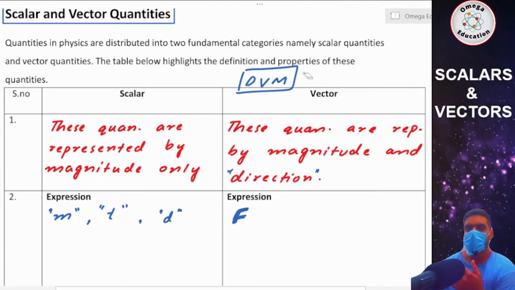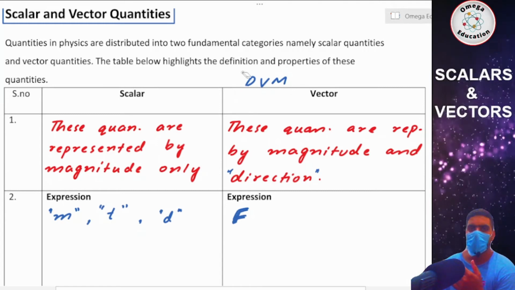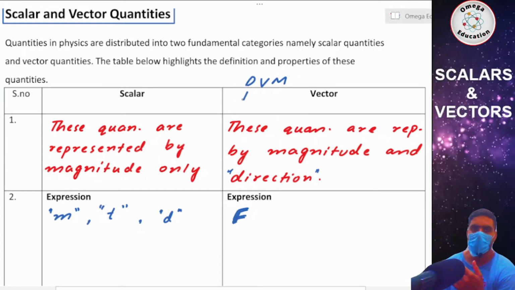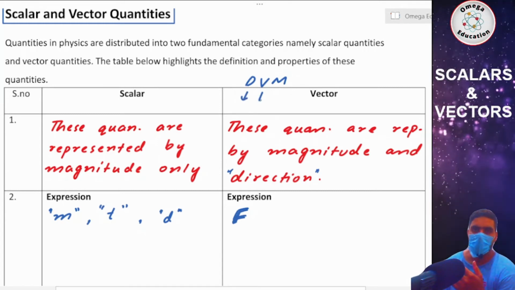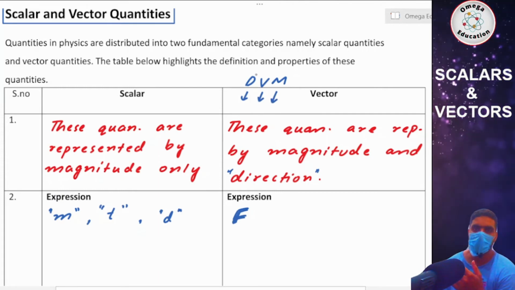So in that way, you can understand that direction, vector, magnitude: the center one, vector, has direction as well as magnitude.